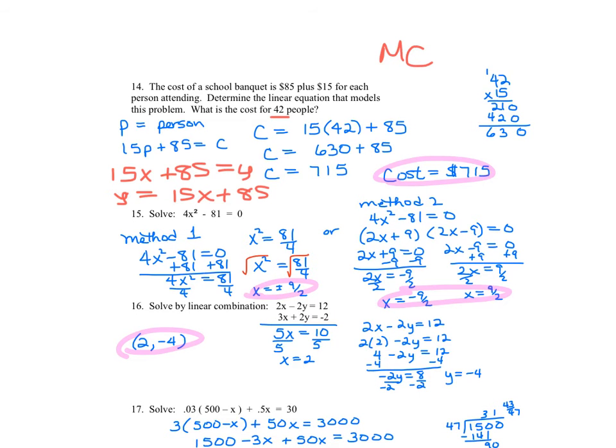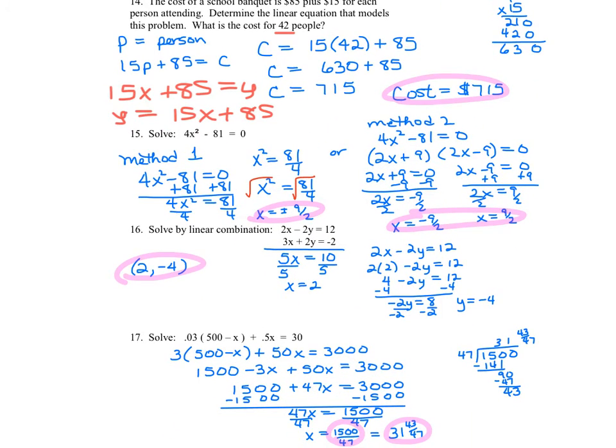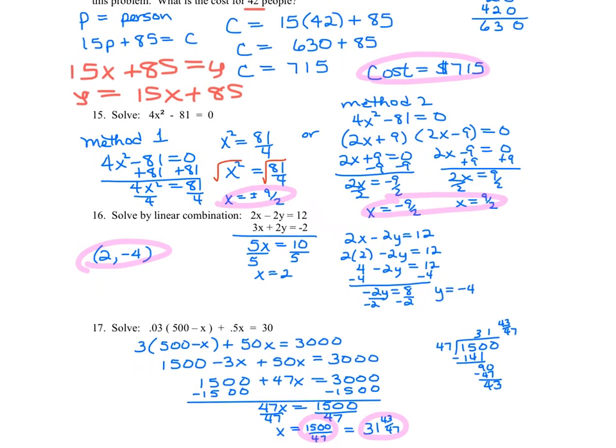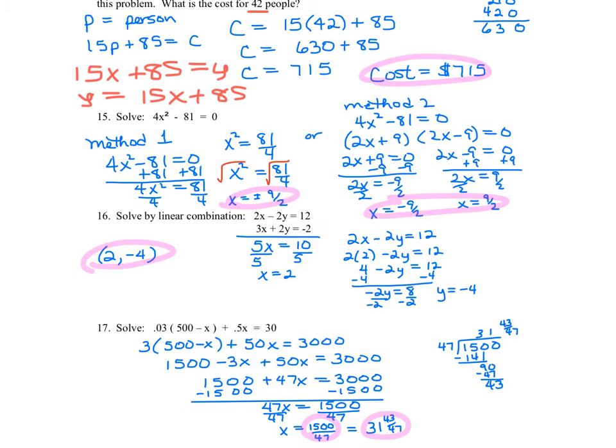The next one, this one is to solve. So I did this two ways. My first method is to subtract or add the 81 and use the square root method. I first had to isolate the x squared, and then I square root both sides.